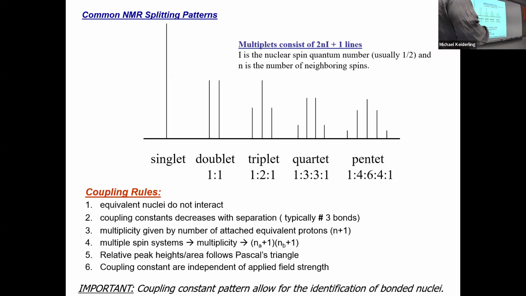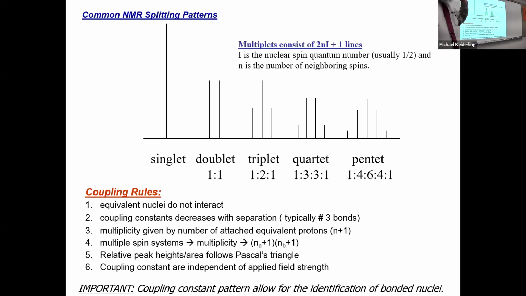But you get a coupling tied to the number of peaks you see, which is 2nI plus 1 lines, where I is the nuclear spin number, which is probably going to be a half. For everything we did, it was a half. And n is the number of neighboring spins. So generally, you get a number of peaks equal to the number of neighboring spins plus 1.